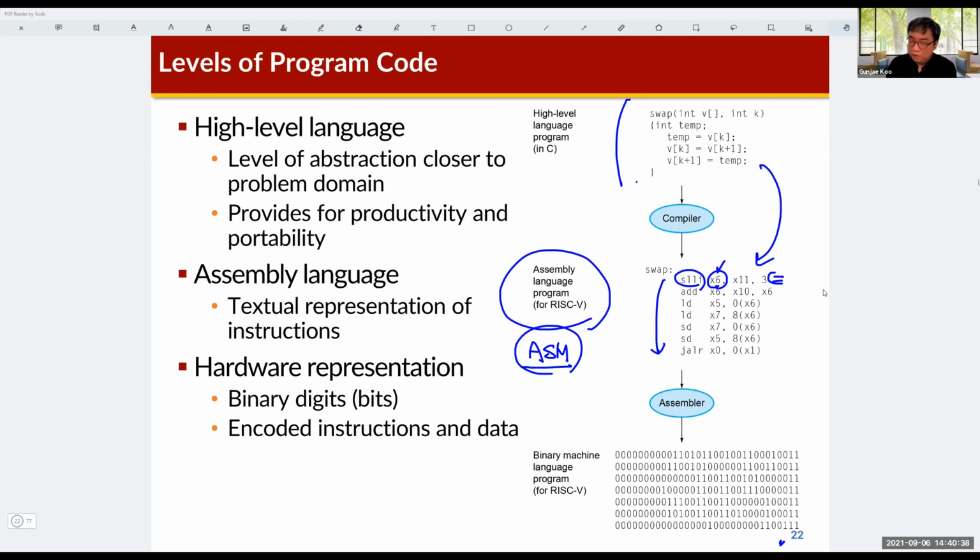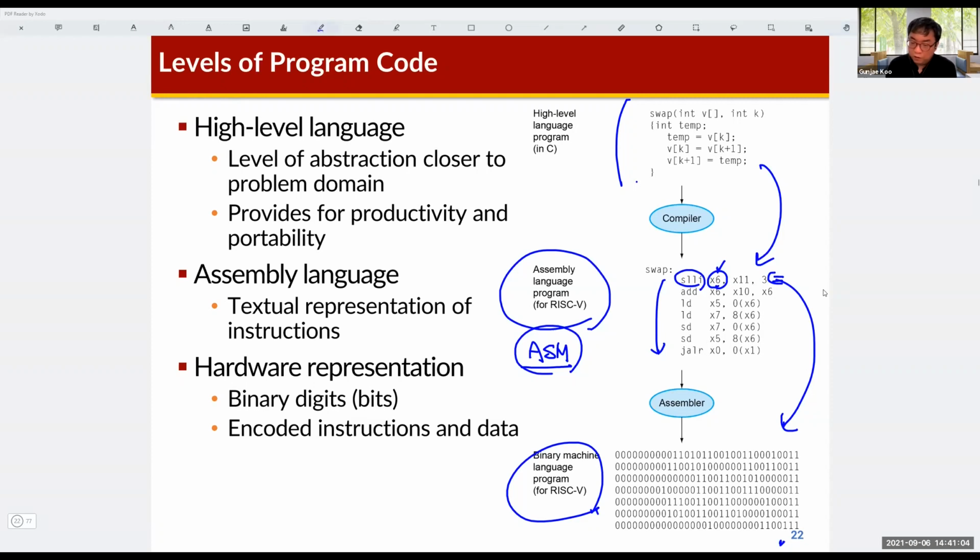And then this assembly code is mapped into digital signals like 000, 100, like this machine language. As I mentioned, the computer hardware just understands these machine languages or machine code or digital signals.